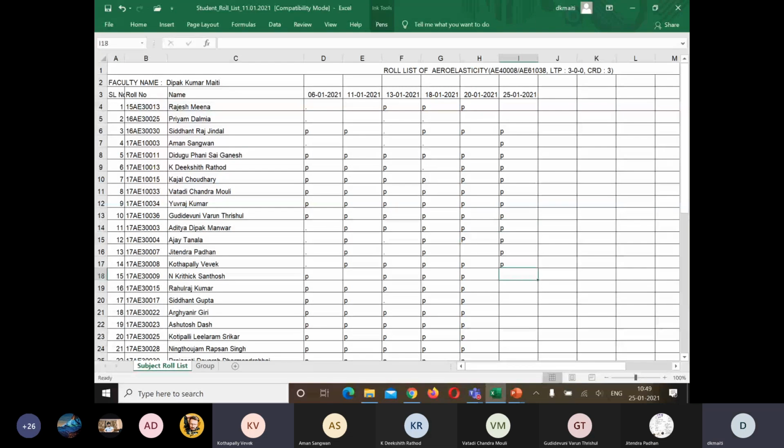Ritik Santosh, present, sir. Rahul Rajkumar, present, sir. Chand Gupta, present, sir. Arghanir Giri, present, sir. Ashutosh Das, present, sir. Kotipalli Lilaram, present, sir.